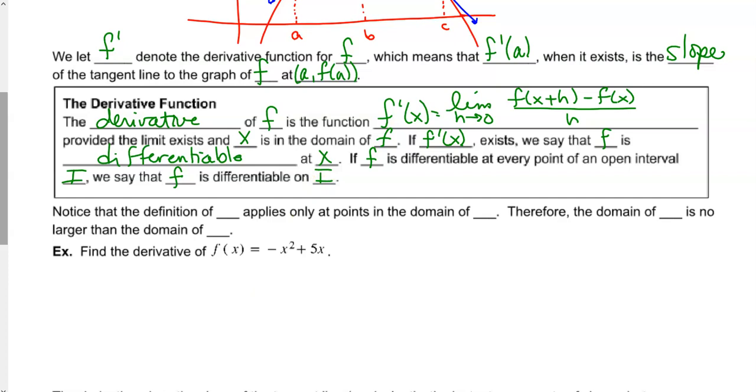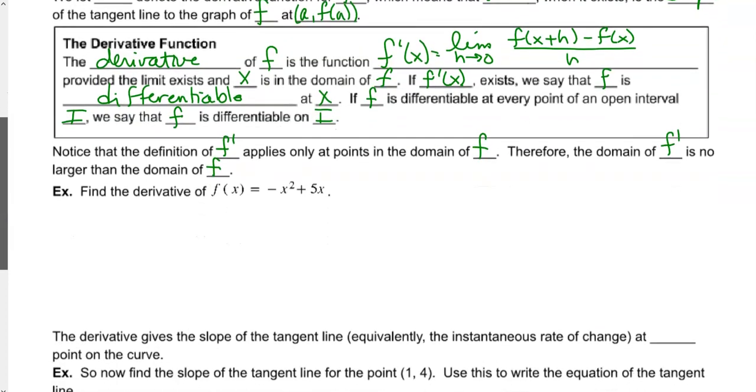Notice that the definition of f prime, the derivative, applies only at points that are in the domain of f. So if it's not in the domain of f, it's not in the domain of f prime. Therefore, the domain of f prime is no larger than the domain of f. It could be smaller, okay, but it can't be any bigger than that.